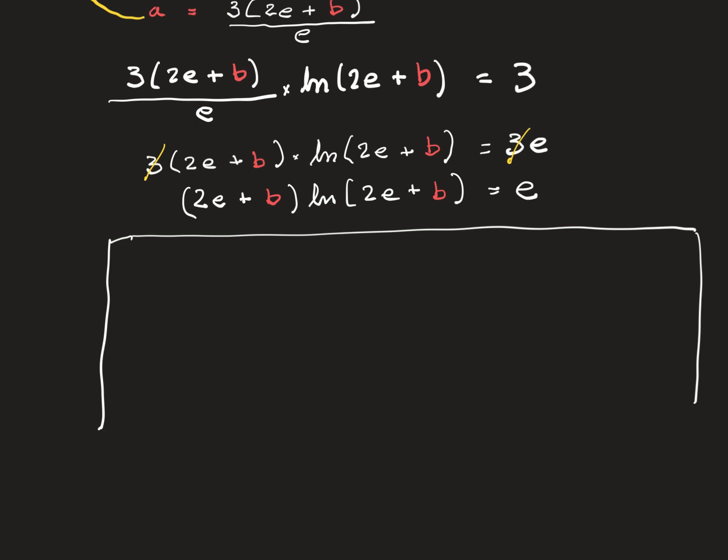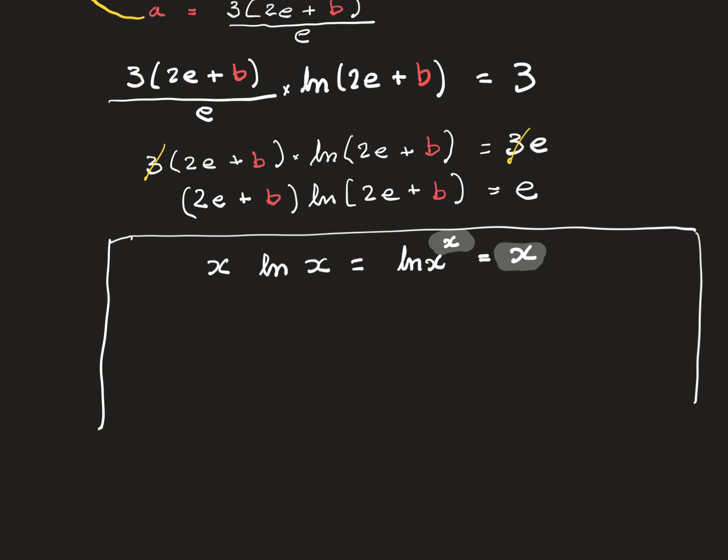I want you to understand that when you have x, ln x, that's the same as saying ln x to the x. Now we know by law that that is equal to x. This suggests that x is equal to x.